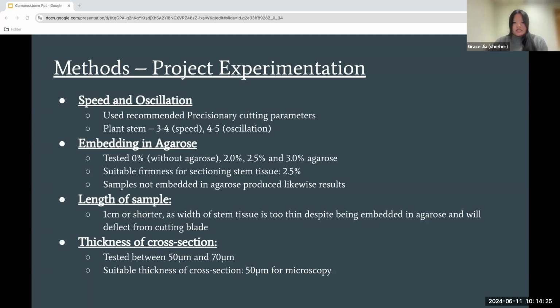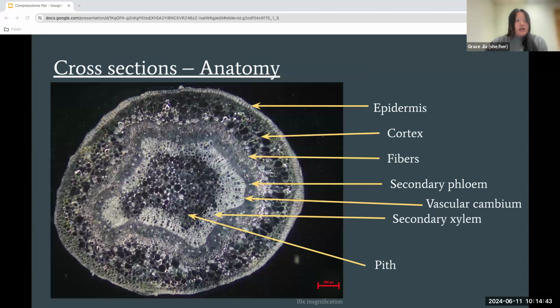The thickness of the cross sections was also investigated and tested between 50 micrometers and 70 micrometers, and found that the suitable thickness for a cross section in order to mount it and prepare on a slide for microscopy was 50 micrometers. So this is an example of an American chestnut cross-section that I obtained using these parameters.